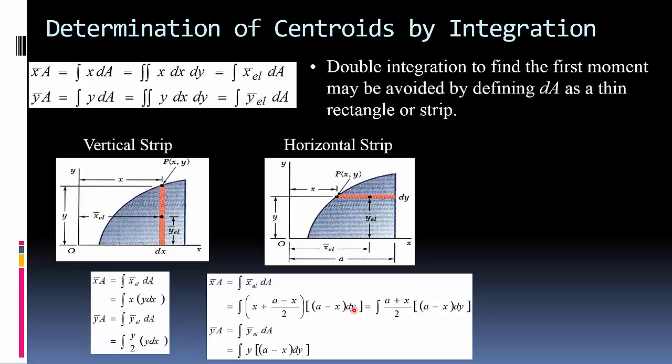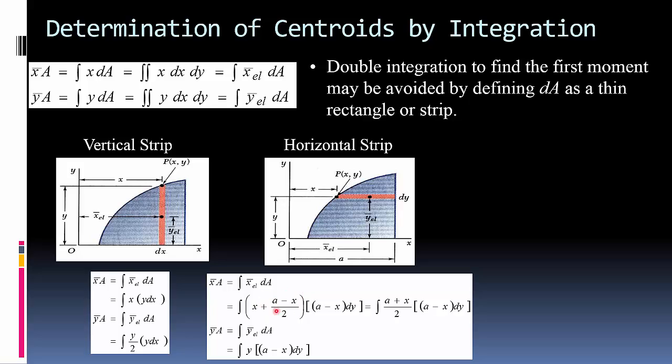Now, where is the x bar of this differential element? It's going to be right in the middle. Same deal, right? So how do we figure out right in the middle? Well, it's going to be this x distance plus half of the distance from here to here, because however far you are here, the centroid is halfway, so it's going to be half of that. So it ends up being x plus (a minus x) over 2.